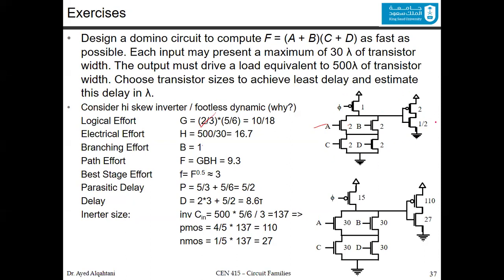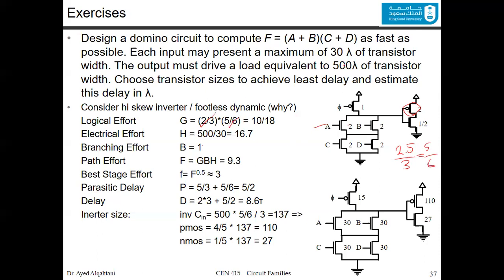The logical effort for this one, as we explained before, since I care about this input, I just find the input capacitance here. The input capacitance is 2.5 divided by 3, because this is what I care about. 2.5 over 3 is actually equal to 5 over 6.